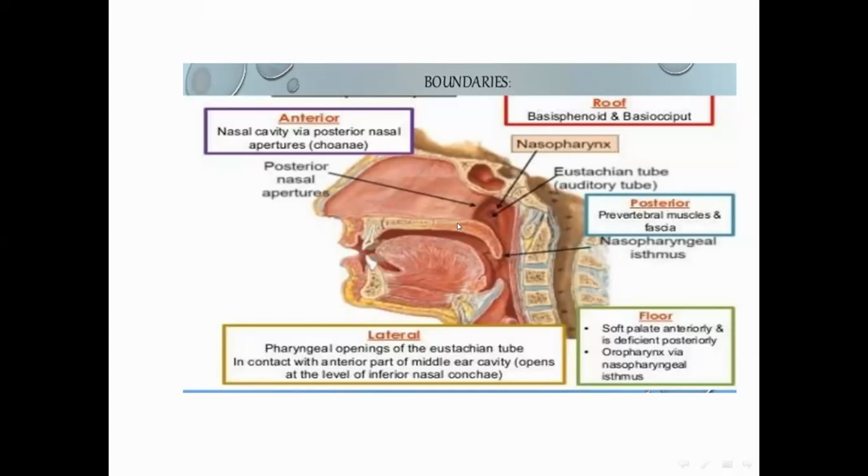But this, as I said, may cause a lot of complications. One of the complications is pharyngeal insufficiency, which means that the nasopharyngeal isthmus is not working properly. So more air will escape into the nasal cavity, and this will result in hypernasal speech, and the food may regurgitate from the oropharynx into the nasopharynx.